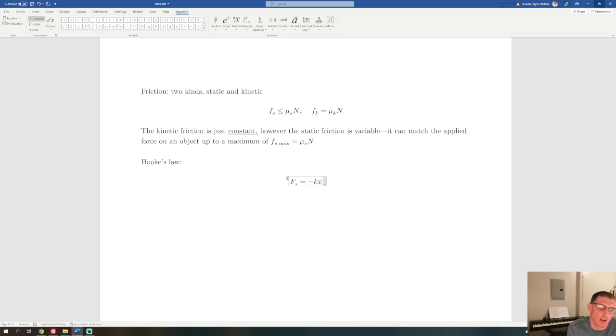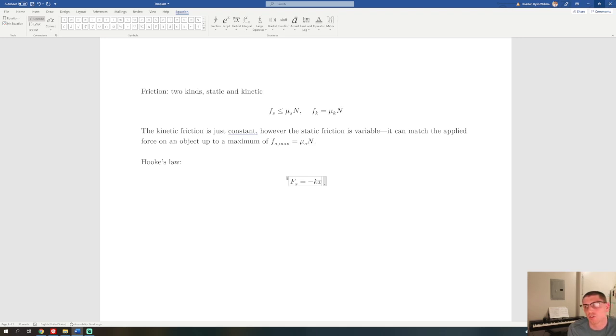Or you could think of the kinetic friction force not caring if you push on something horizontally, but the static friction force, right, will actually, let me say this. If you have a horizontal force being applied to an object, and there is a non-zero coefficient of static friction, the best thing to do is probably start by comparing the magnitude of the applied force to the magnitude of the maximum static friction force, right?